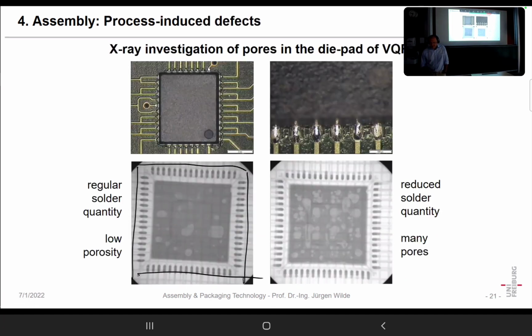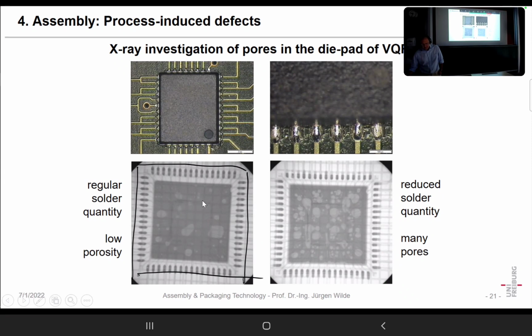Here is another thing from soldering, also some device, some kind of QFN device, quad flat no lead. That device, as it is a chip scale package, has also a quite big chip. We can see the chip here.